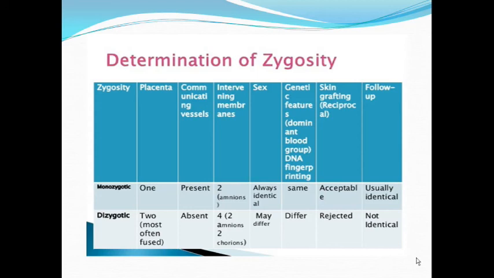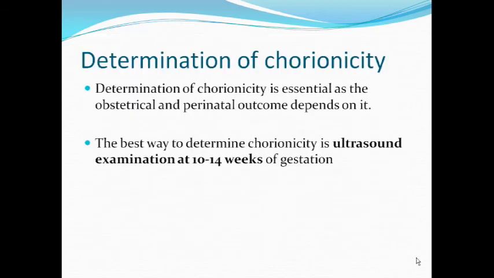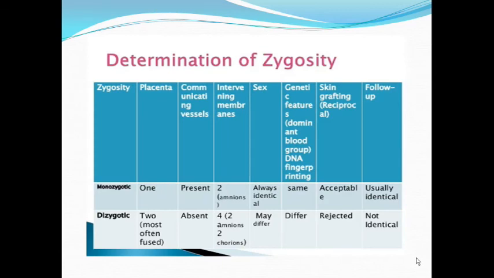So how do you determine the zygosity and chorionicity? In case of monozygotic twin, placenta in the majority of the cases, in 70% of the cases, it is monochorionic diamniotic.